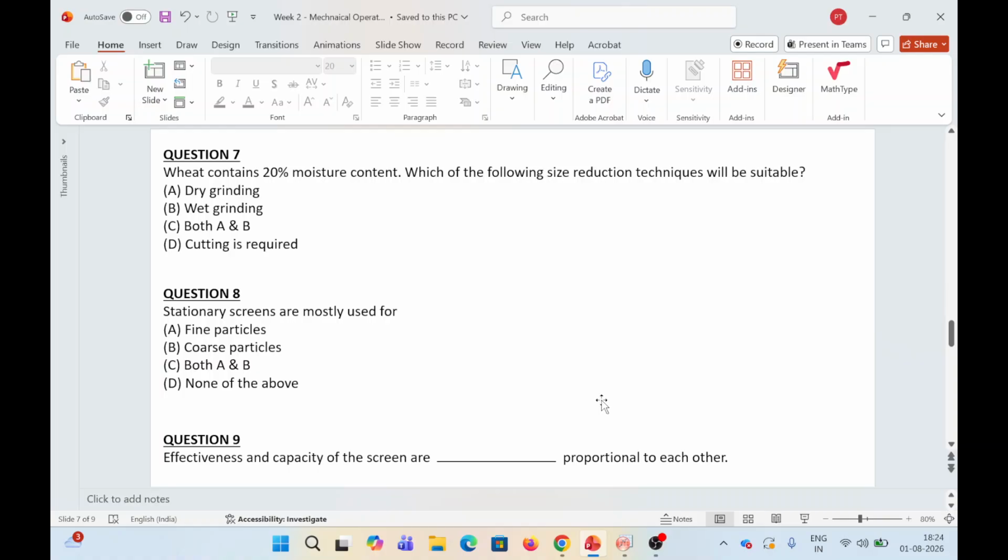Sorry, sir, wet grinding, because of the 20% moisture. Is it dry grinding or wet grinding? Wet grinding, sir, because the moisture content is more, 20% moisture. Okay.